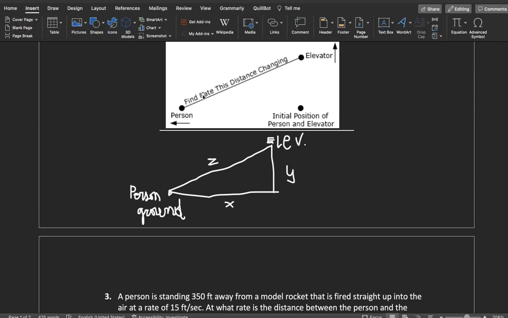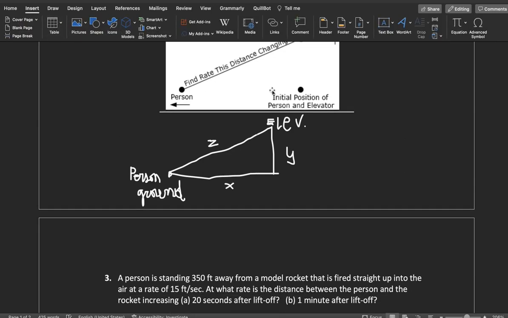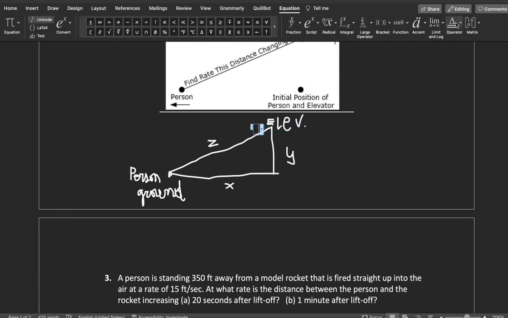Remember, we are given that dx dt is equal to 2.